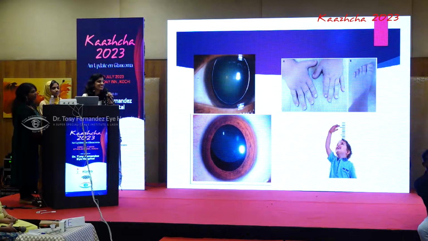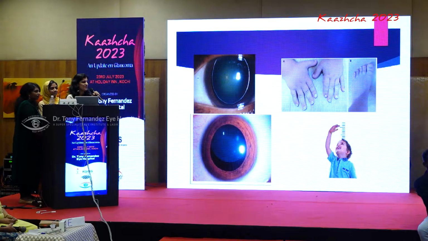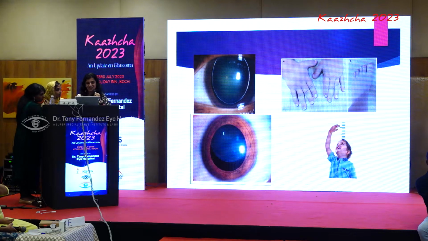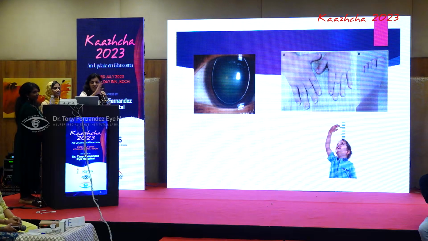Weill-Marchesani syndrome. No. Which one are you ruling out? First picture. Okay, that's not correct. One sec. Team B? Correct. But it is Weill-Marchesani syndrome, so I'll give 5 marks to team A and 5 marks to team B.